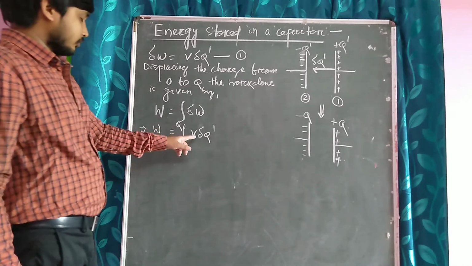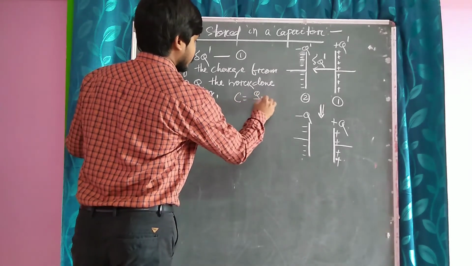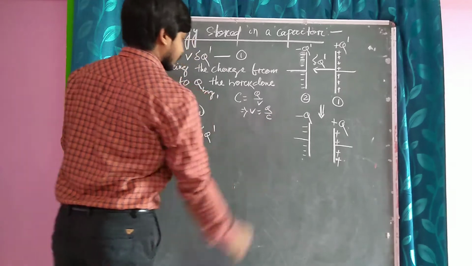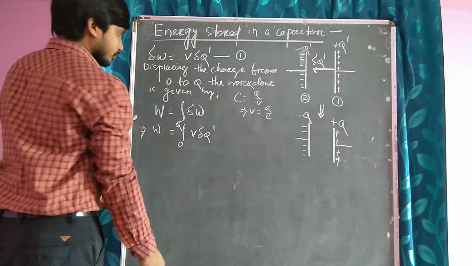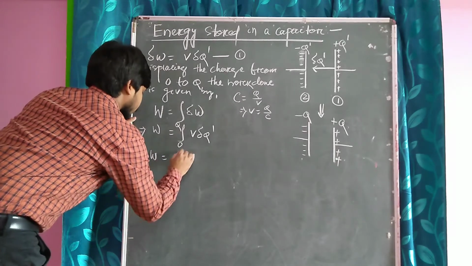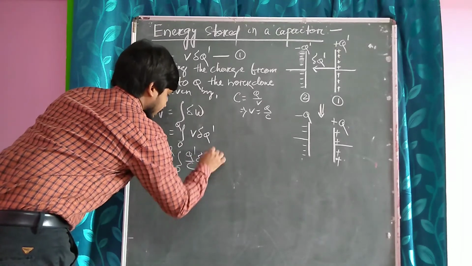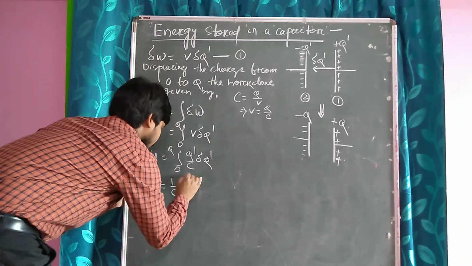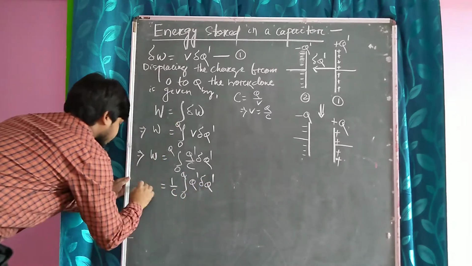And we know that C is equal to Q by V, hence V is equal to Q by C. So initially our charge was Q prime, W will be equal to the integration from 0 to Q of Q prime by C into del Q prime. That will be equal to 1 by C times the integration from 0 to Q of Q prime del Q prime.